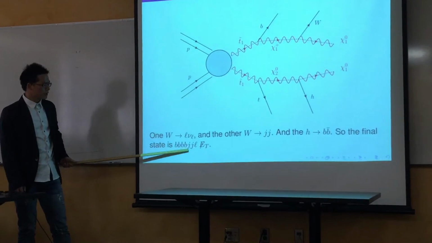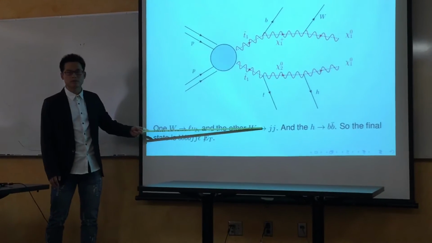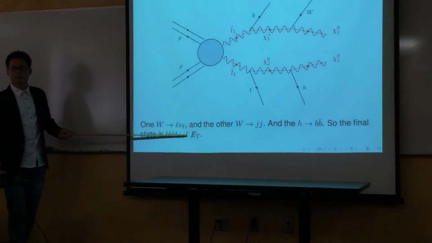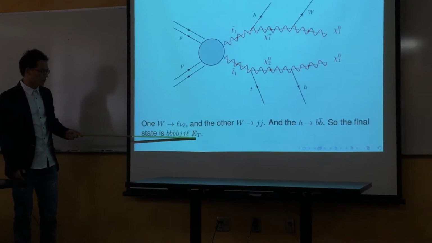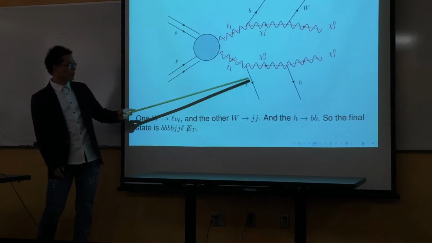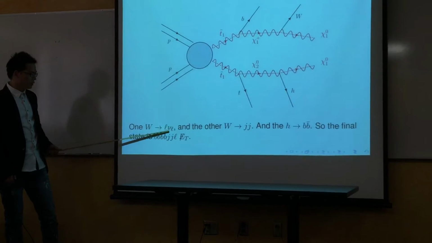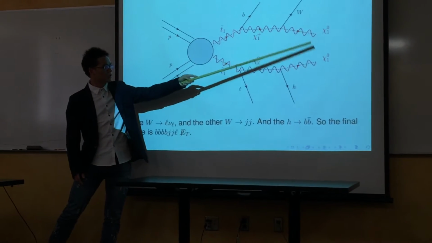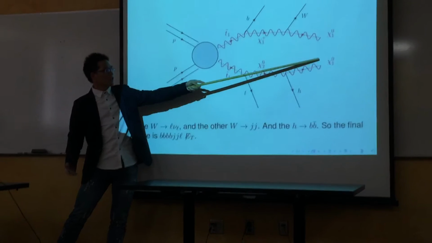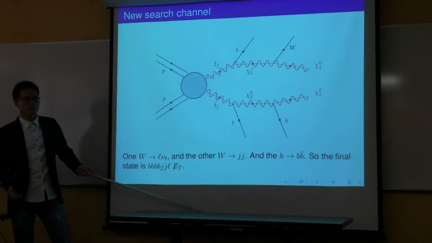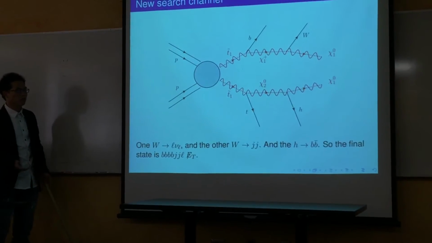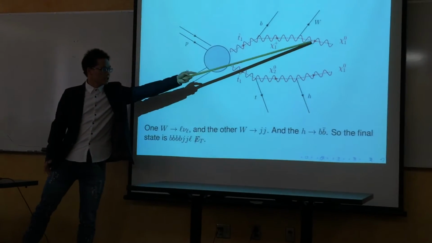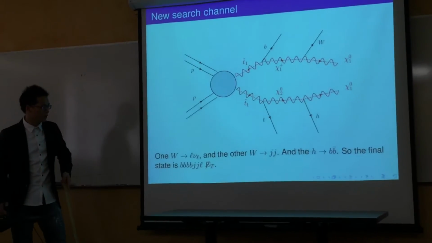So 4 b jets, 2 light flavor jets from the W decay, exactly 1 lepton, and large missing energy. This missing energy comes from the neutrino, and also from the LSP, because this particle is weakly interacting with matter, so it will leave no signal in the detector. So this will show up as missing energy.